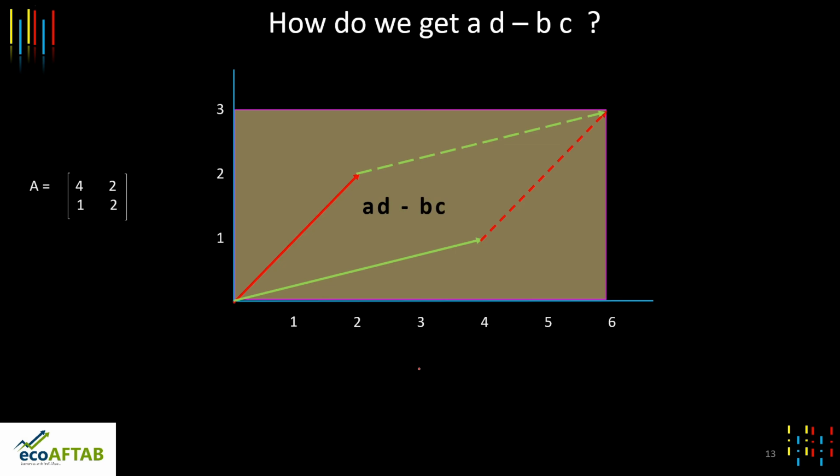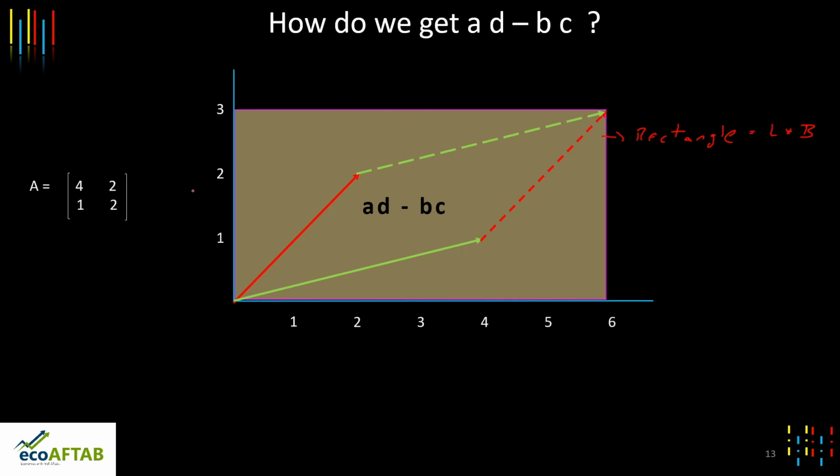So friends, this is a rectangle. If this is a rectangle, first we need to find out the area of the rectangle. So what is the area of the rectangle, friends? The area of the rectangle is length into breadth.